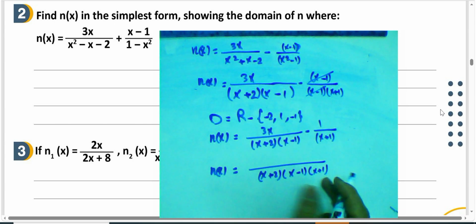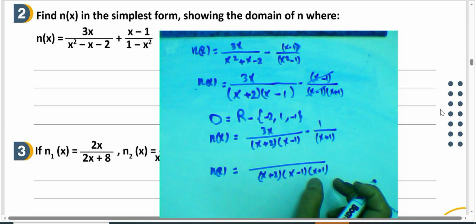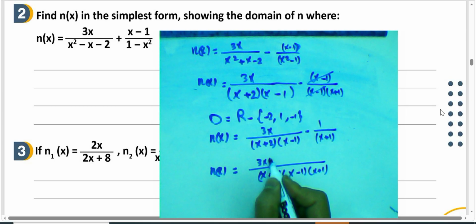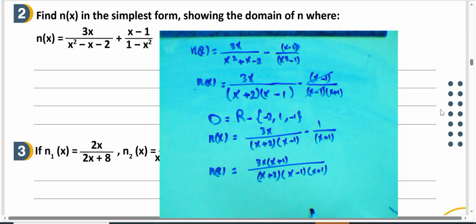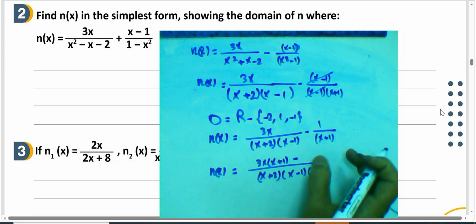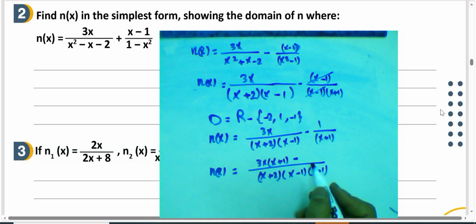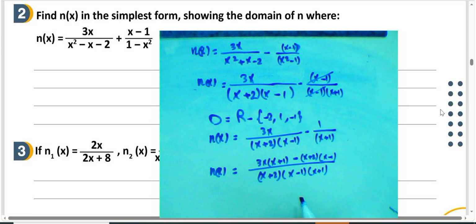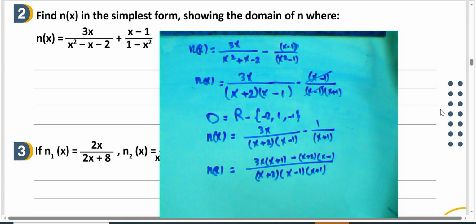Okay, and then divide this expression by this expression. It will be x minus 1, x plus 1 times 3x, write 3x times x plus 1. Okay, subtract by this expression, divide the expression, it will be x plus 2 times x minus 1. Understood? Now we will simplify the numerator.